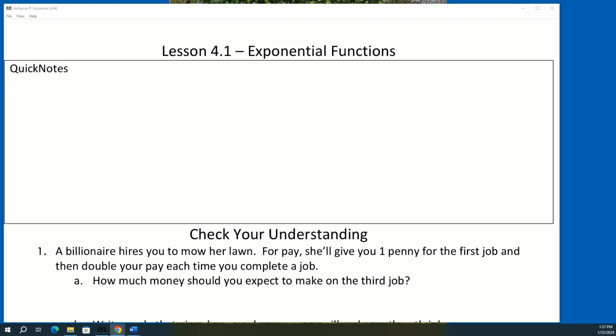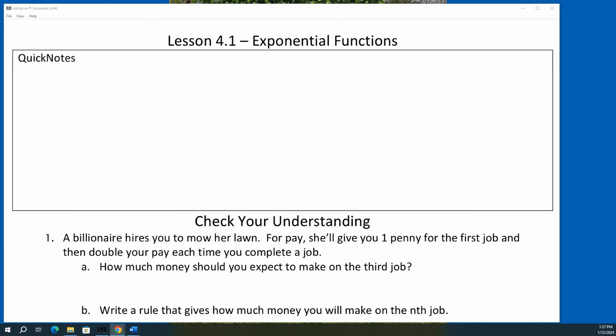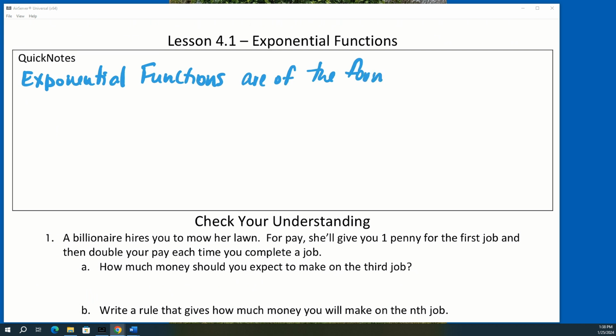But all right, so let's look on the other side. And like I said, we're getting ready to talk about exponential and logarithmic functions, starting with exponential. All right, and exponential functions are of the form y equals a, and then in parentheses we have b, and then that's raised to the x.